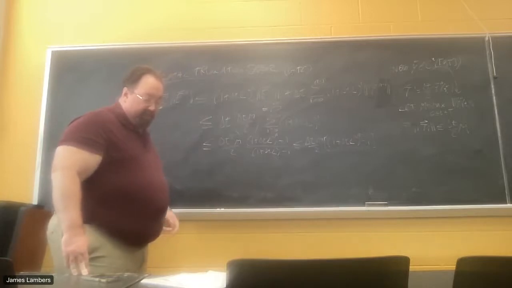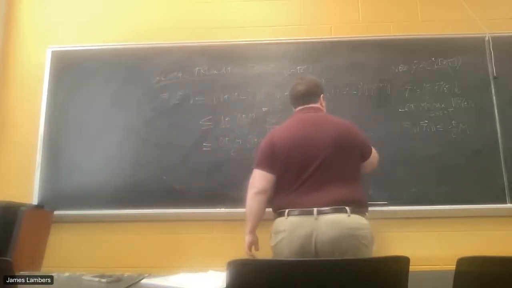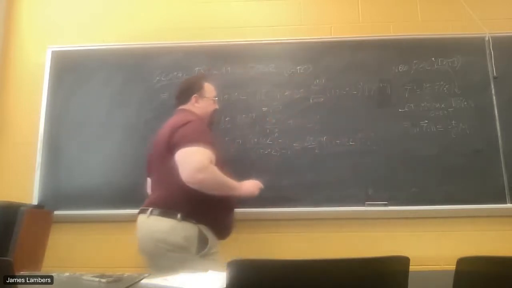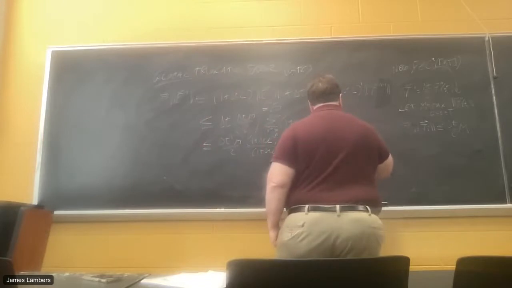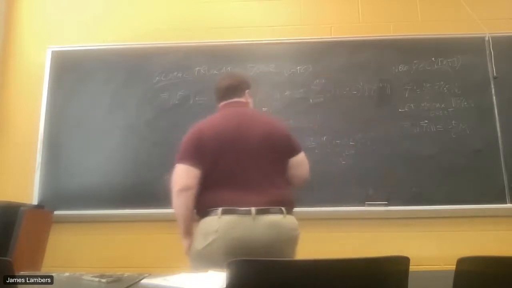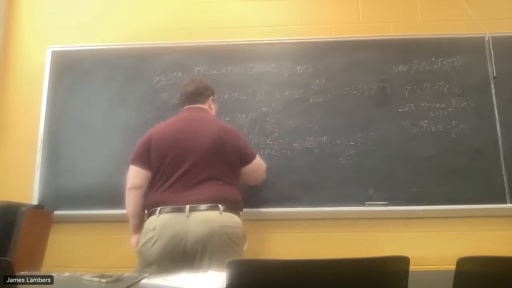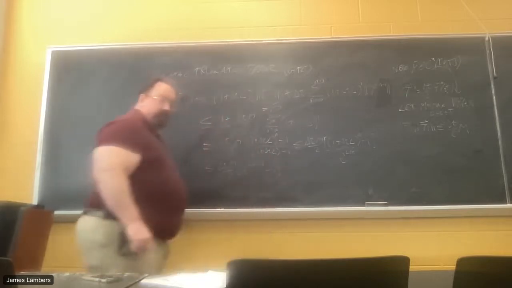Now, 1 plus delta t L is the first two terms of a Taylor expansion of e to the L delta t, so I can replace it by this. Now I have e to the L delta t n, minus 1.